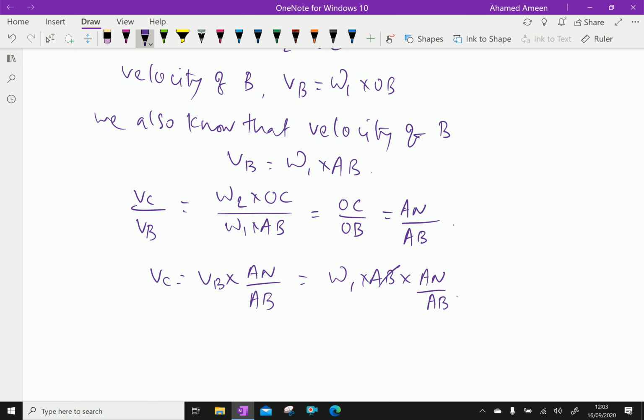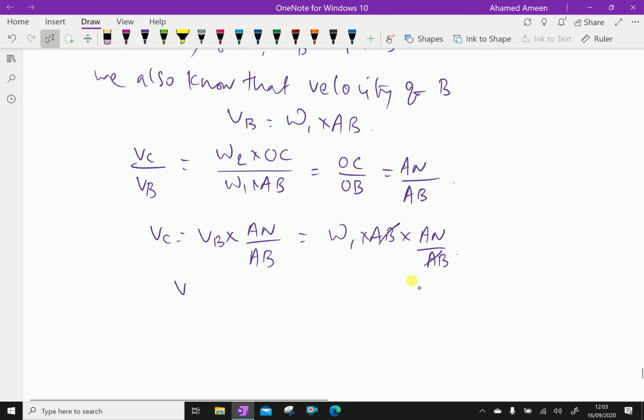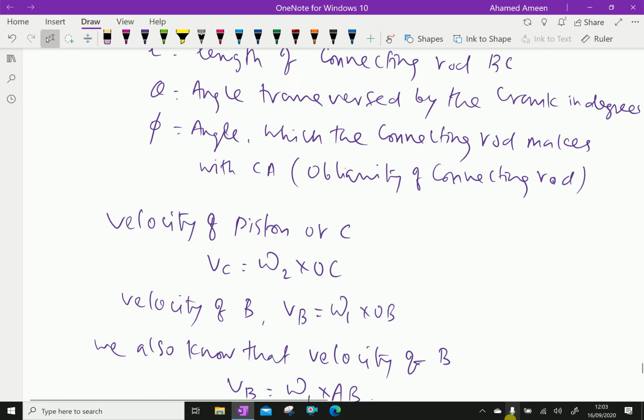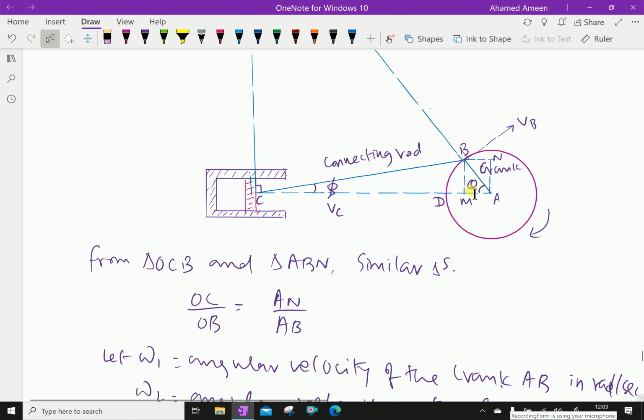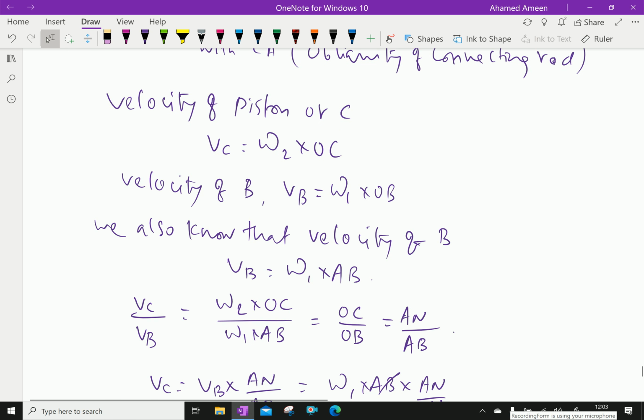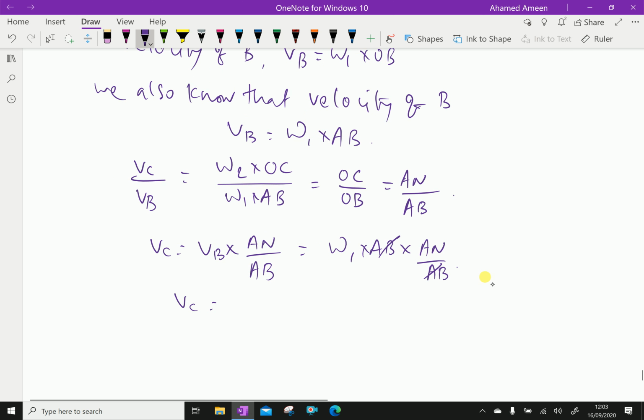Then AB cancels. Here AB is R. So VC equals omega 1 into R into AN by R, where both R cancel.